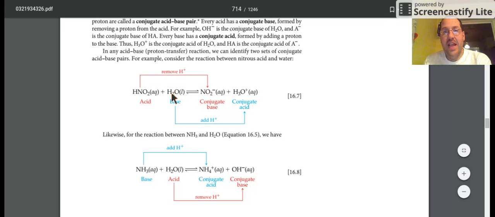And then the H2O, the water, has a conjugate acid on the other side that is the hydronium ion. So conjugate acid-base pairs are related to each other, and it just gives us some terminology to name the products of the reaction, not of the reactants.